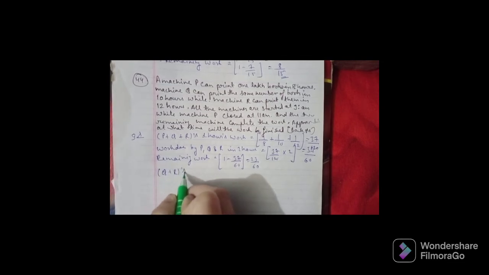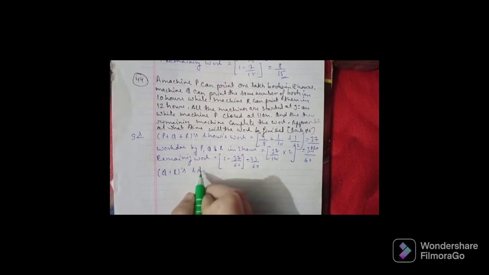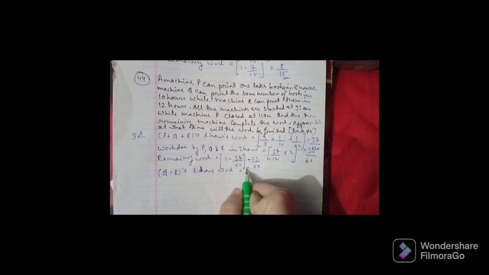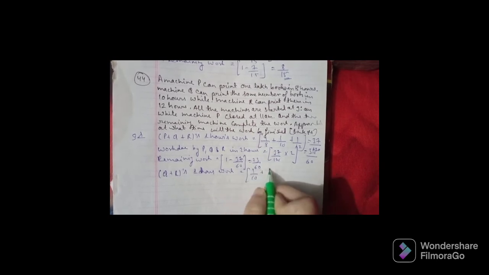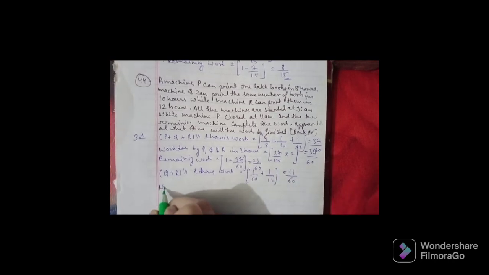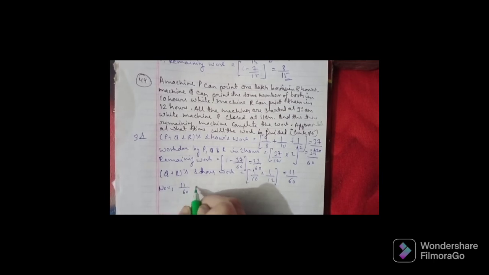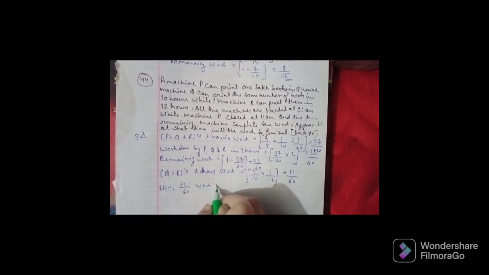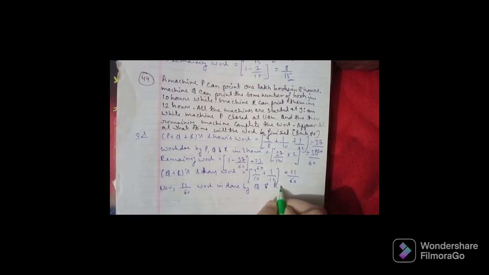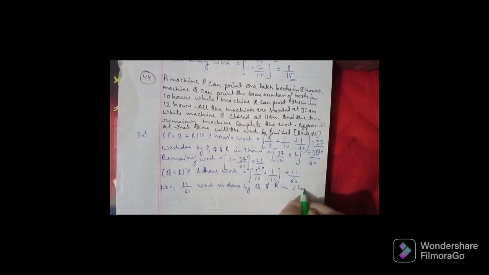Q plus R 1 hour work equals 1 upon 10 plus 1 upon 12 equals 11 upon 60. Now 11 by 60 work is done by Q and R in 1 hour.